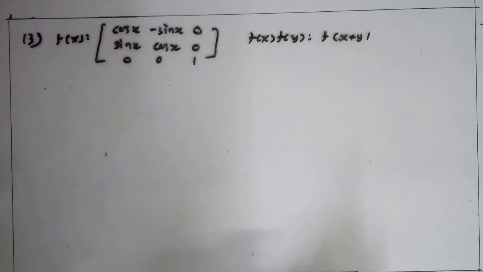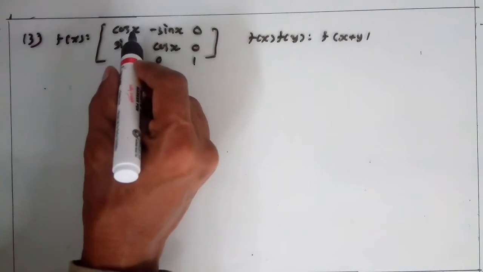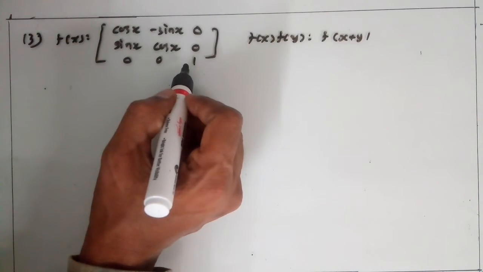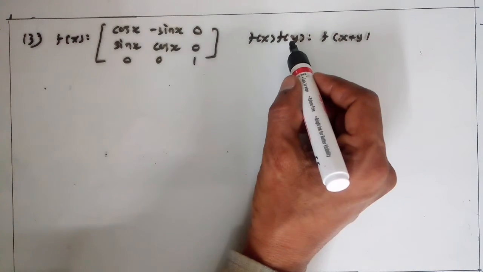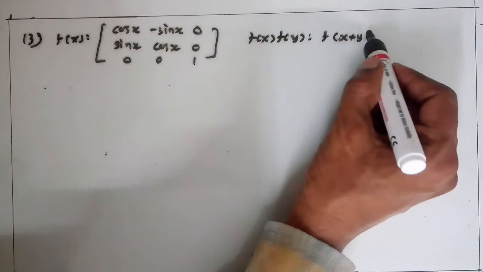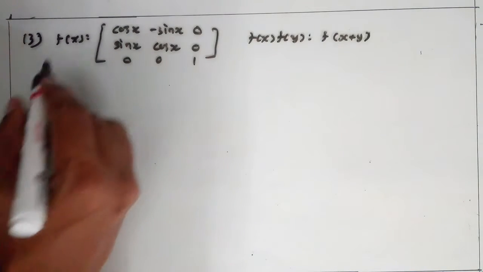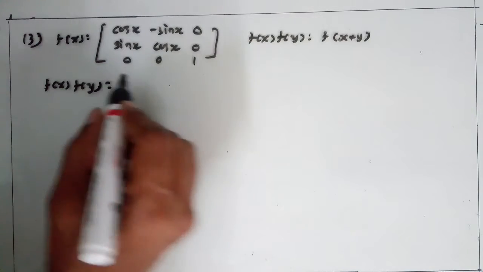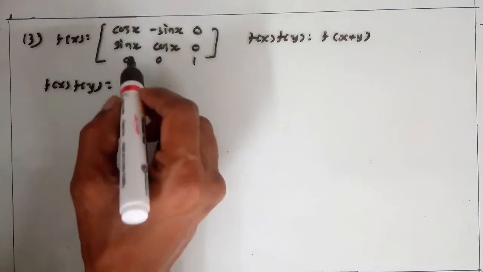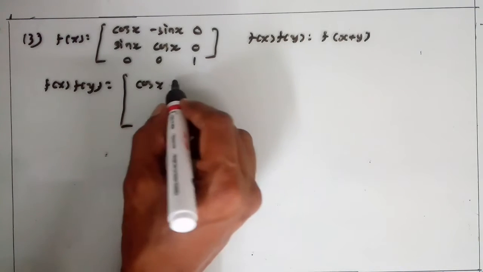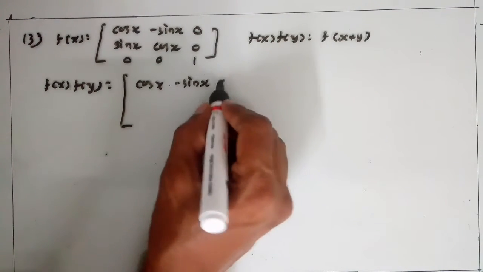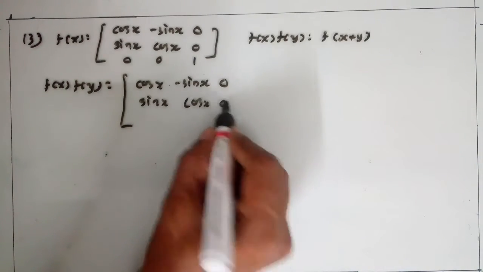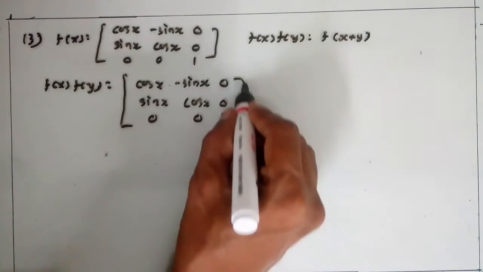Now question number 13. f(x) is equal to [cos x, -sin x, 0; sin x, cos x, 0; 0, 0, 1]. Then verify f(x) into f(y) is equal to f(x+y). Here f(x) is equal to [cos x, -sin x, 0; sin x, cos x, 0; 0, 0, 1].